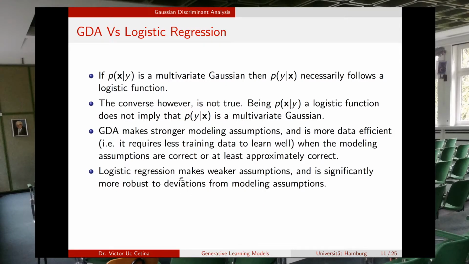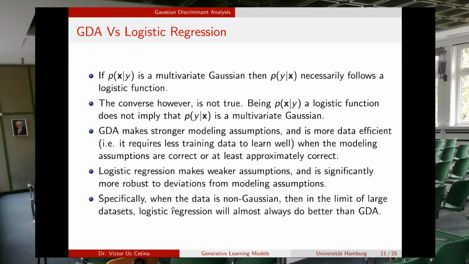And logistic regression makes weaker assumptions and is significantly more robust to deviation from modeling assumptions. So if you can see that your data does not behave as a normal distribution, then it is better to use logistic regression, because it doesn't make any assumption about the probability distribution of the points. It just simply tries to minimize a classification error.